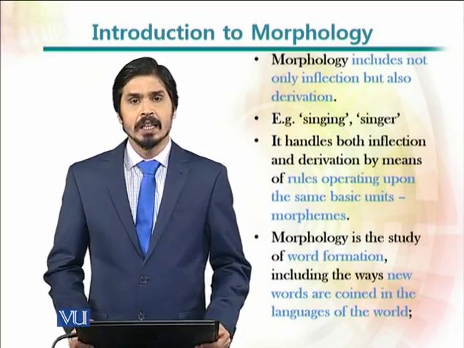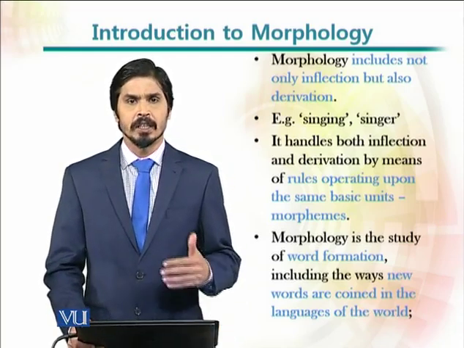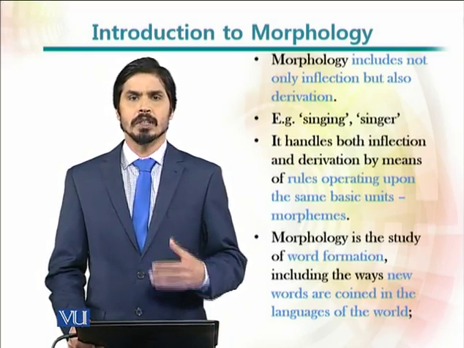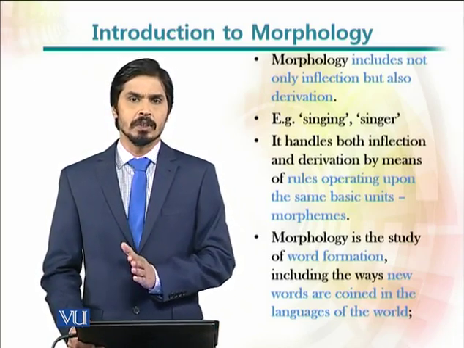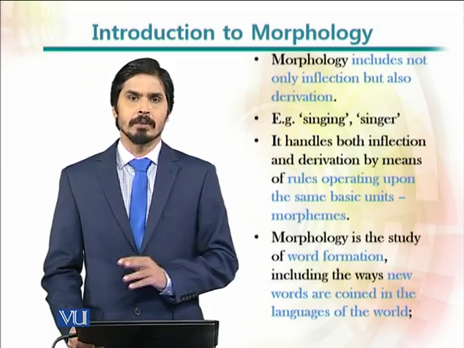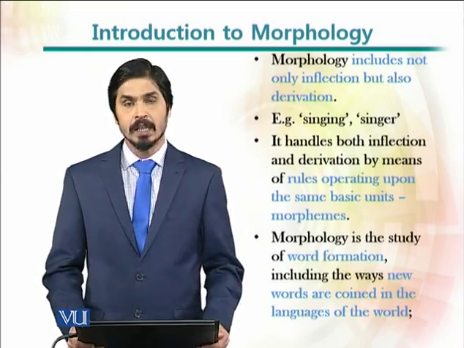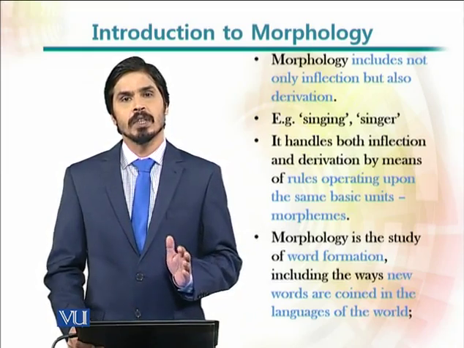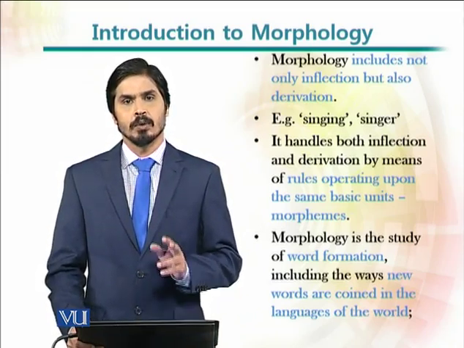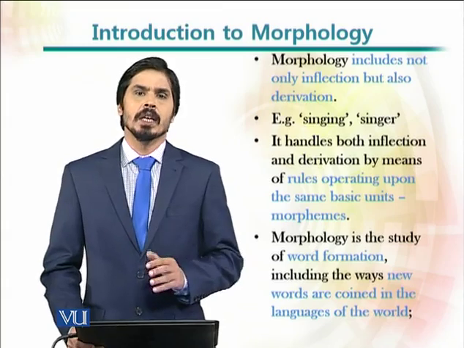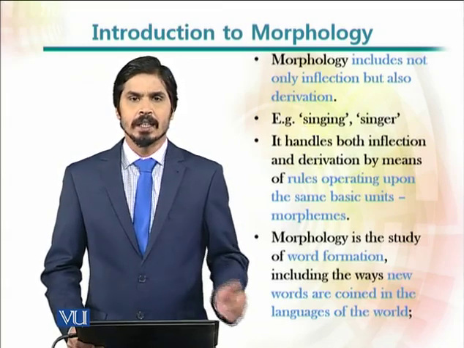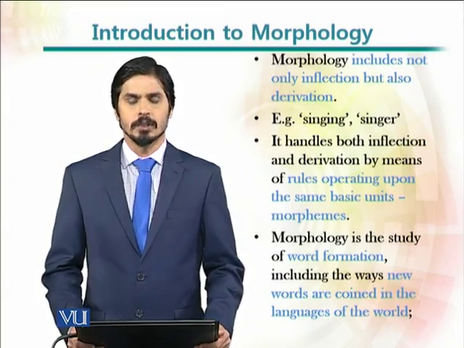We could see in the example singing, this is an inflection of ing in the word sing, and it changes it into a different tense, but the overall grammatical category remains the same. Whereas if we add er to the already existing word sing, it becomes singer, and the grammatical category of the word changes into noun.